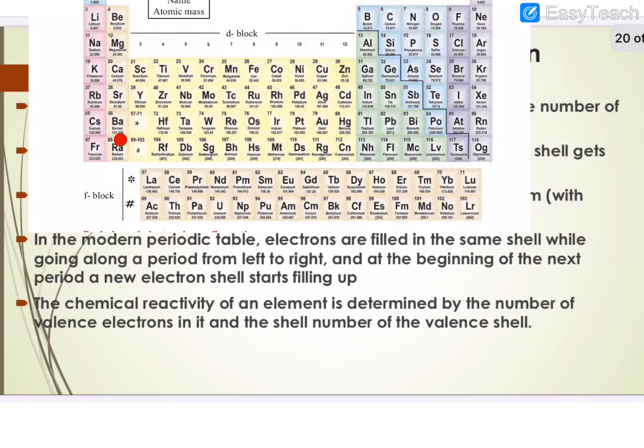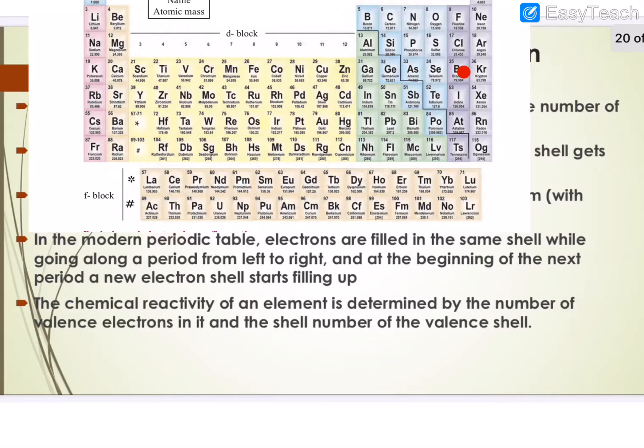In a group, from top to bottom, the number of shells increases by 1. But in a period, there is no increase in the number of shells. Electrons are filled in the same number of shells, but at the beginning of the next period, a new electron shell starts filling up.